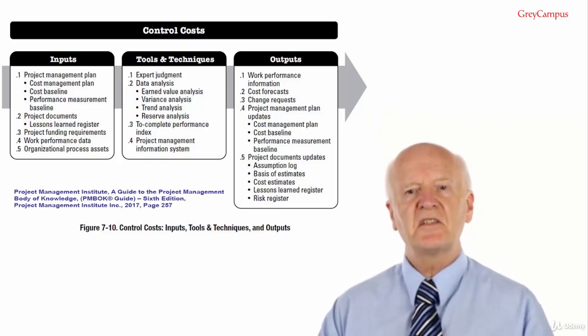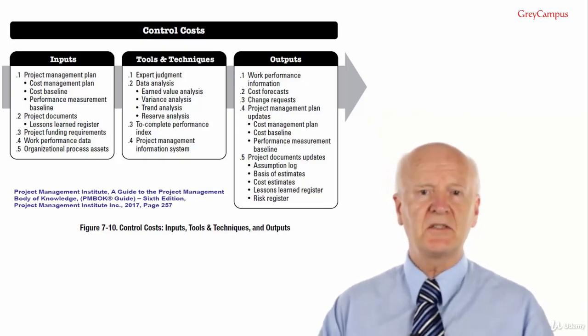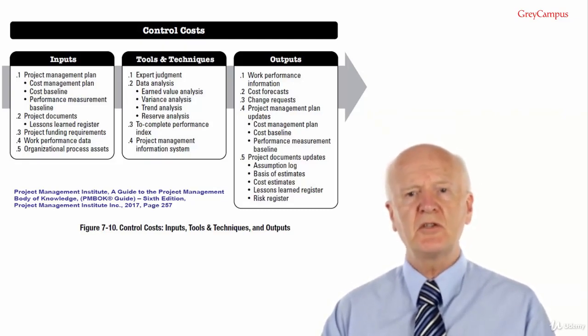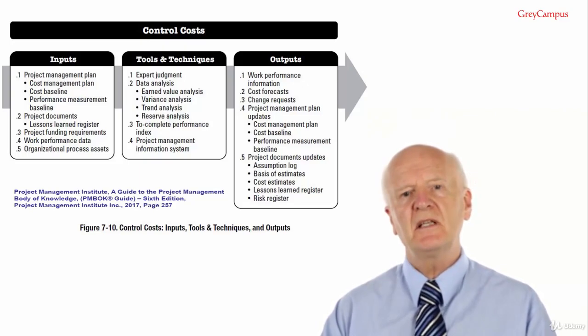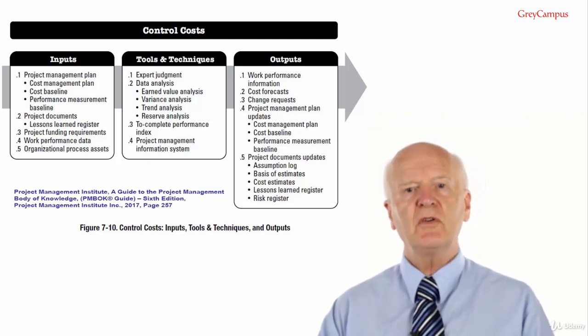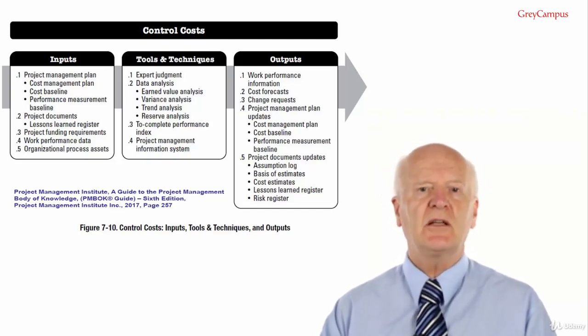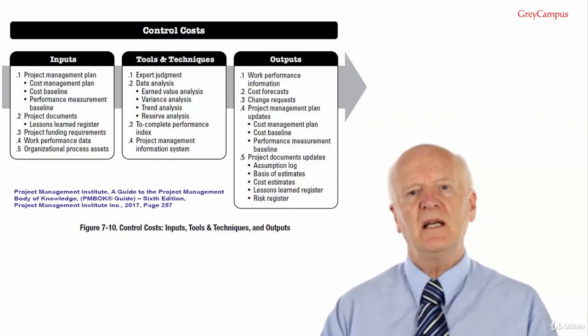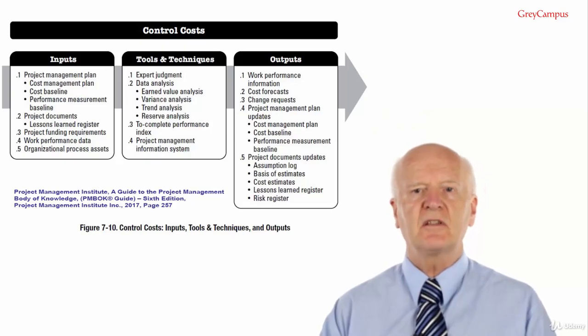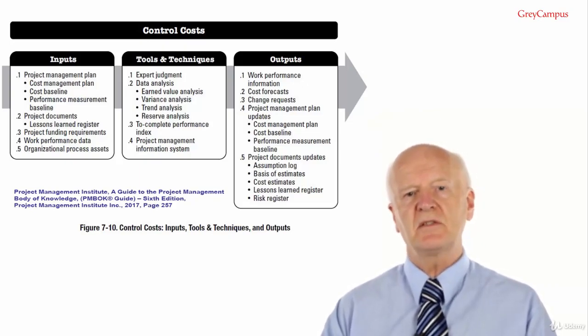The next data analysis technique is variance analysis. The PMBOK guide says variance analysis as used in EVM is the explanation, cause, impact and corrective actions for cost, CV equals EV over AC, SV equals EV over PV, and schedule of completion, VAC equals BAC over EAC variances.